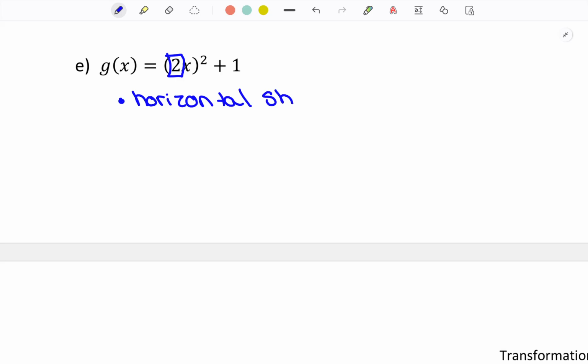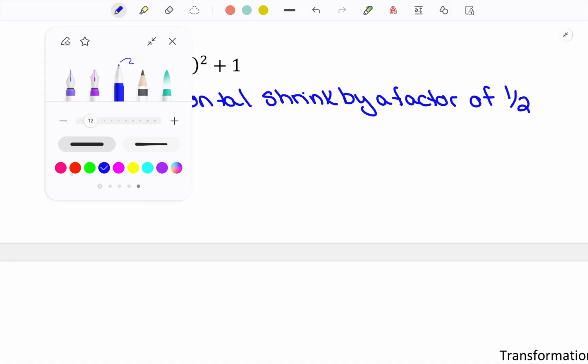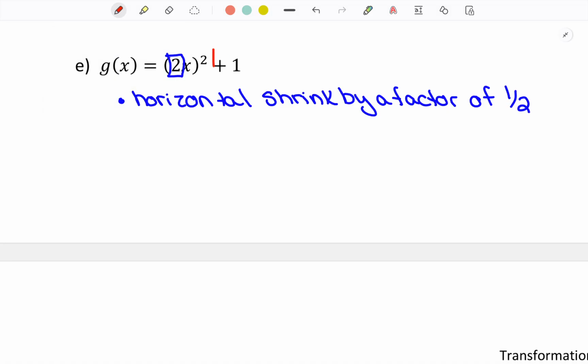So this is going to be horizontal shrink by a factor of 1/2. And then the +1 on the outside is going to shift up 1 unit.